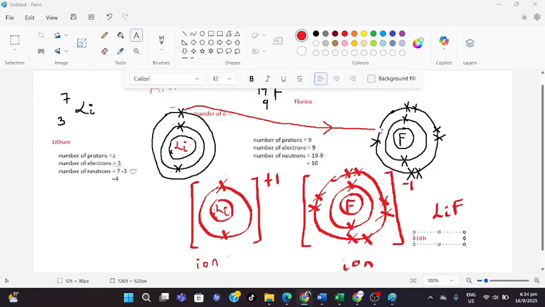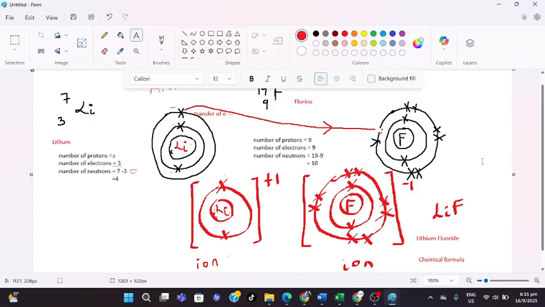No, it doesn't. The positive and negative cancel each other. And this here is called the chemical formula. And that's our first ionic bond example.